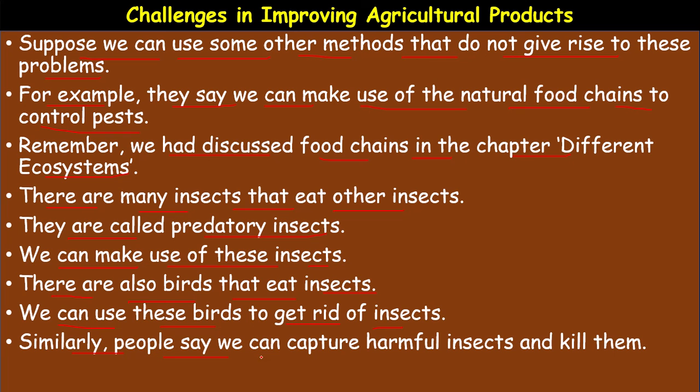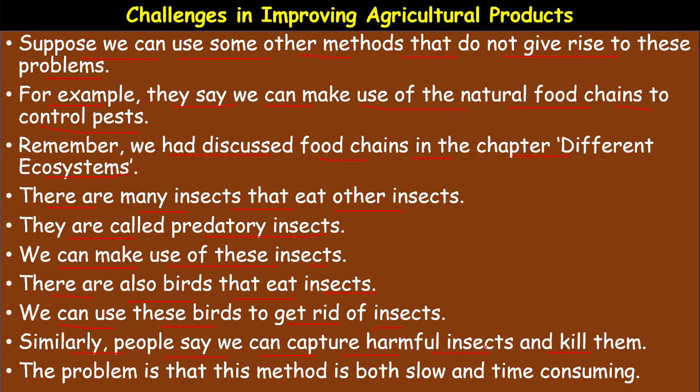Similarly, people say we can capture harmful insects and kill them. There are certain chemicals which attract these insects. Some insect traps are arranged and those chemicals are placed in them, so that these insects are trapped, and some radiation method can be used to sterilize these insects, so that their population may decrease, not increase.